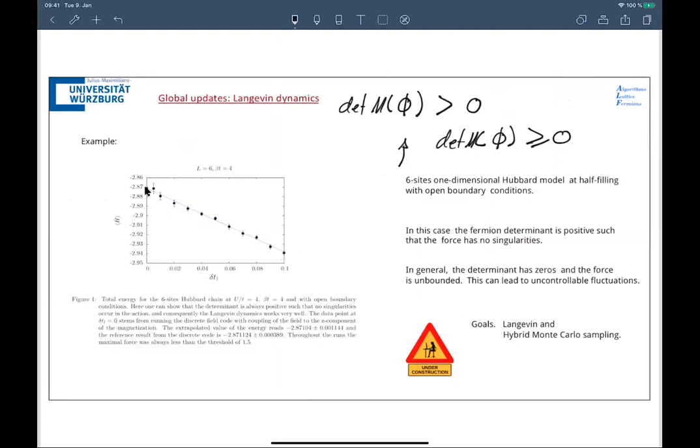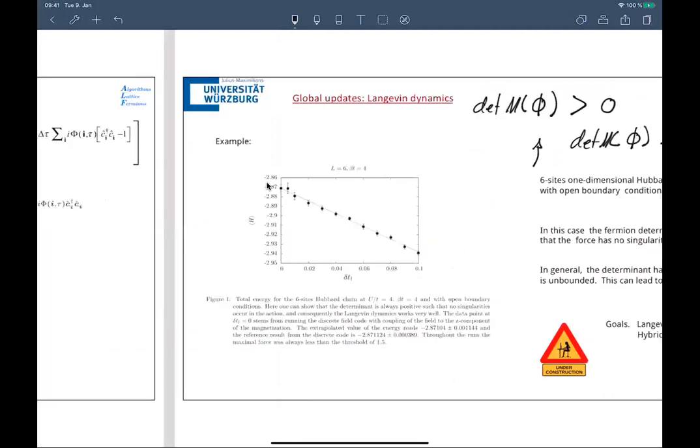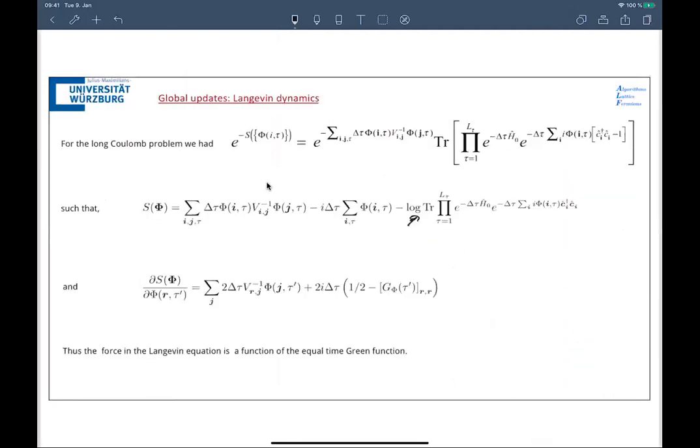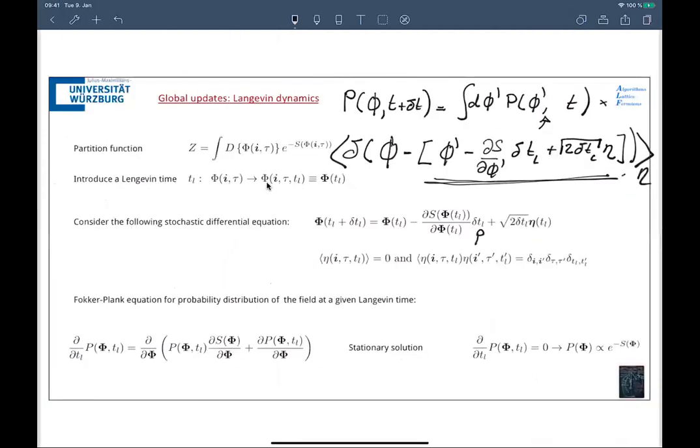And you see that it goes to the correct quantity, the result we get with the discrete Hubbard-Stratonovich transformation. So that seems good. The nice thing about the code is that it's a global update. At each time step, you change all the fields in the space-time lattice, so you could believe that you're doing better.